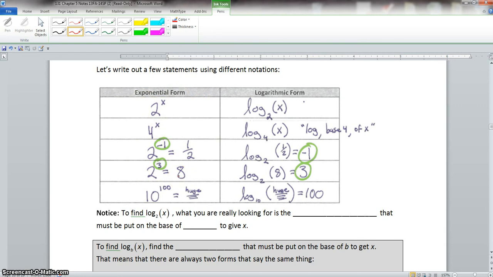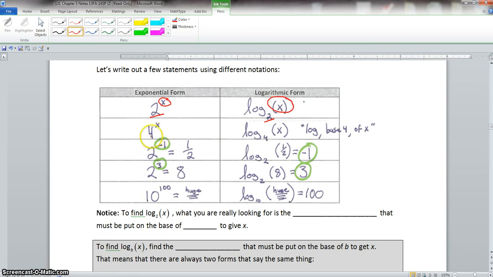Now, when we want to rewrite it from exponential form to logarithmic form, you notice we have our log and our bases are the same. We have base here of 2, base here of 2, and our exponent becomes this value here, which is called our argument.